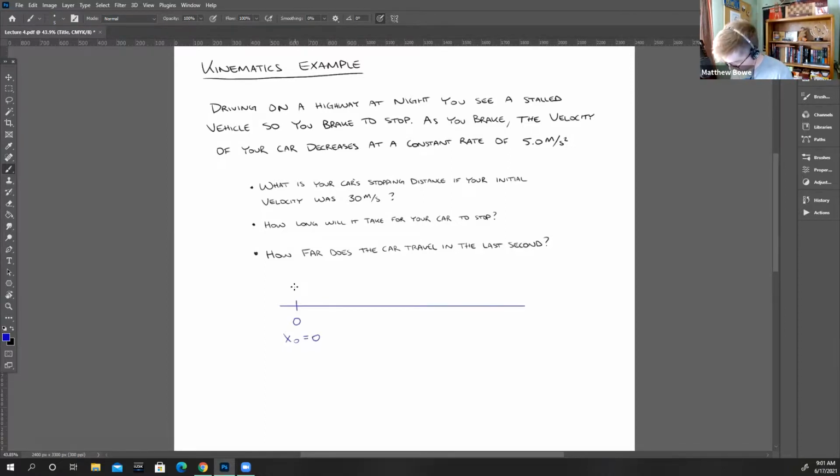We're moving this way, and we don't have to draw a whole car; we can just summarize it as a dot. Right as we start to press on the brakes, our velocity was 30 meters per second. I'm going to emphasize that this is a positive 30 meters per second because it's going to the right.